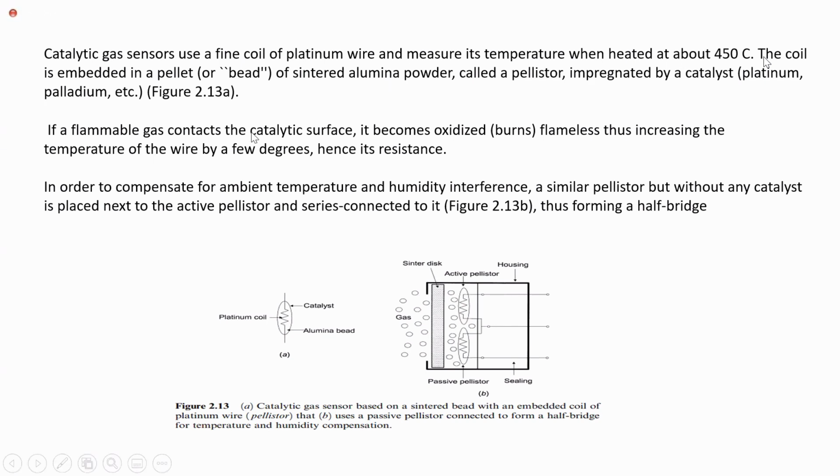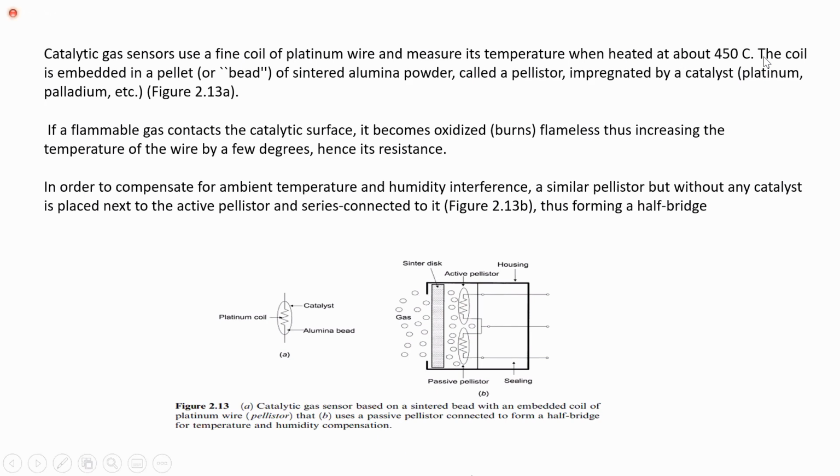If a flammable gas contacts the catalytic surface, it becomes oxidized flamelessly, thus increasing the temperature of the wire by a few degrees, hence its resistance will increase. In order to compensate for ambient temperature and humidity interference, a similar thermistor without any catalyst is placed next to the active thermistor and connected in series, thus forming a half bridge.